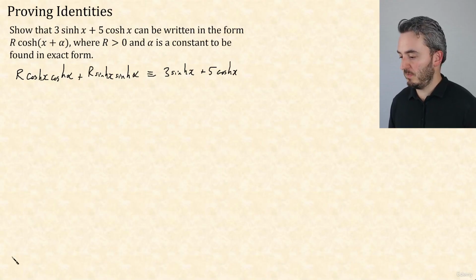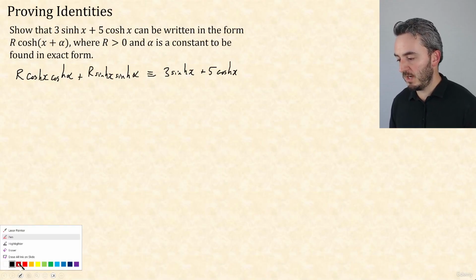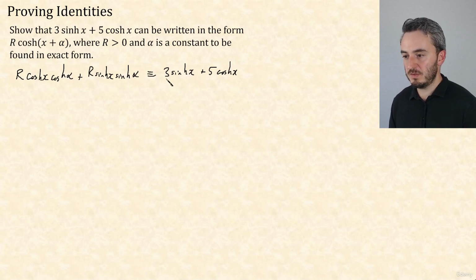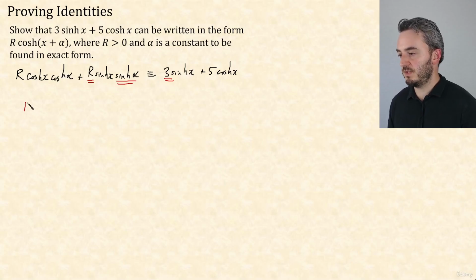And we just do some comparing coefficients here. We look at how many sinh x's we've got on the right. We've got 3. How many sinh x's are on the left? It's R sinh alpha. So R sinh alpha must equal 3. And we do the same thing for the coshes. We've got 5 of them over here, and we've got R cosh alpha of them here.